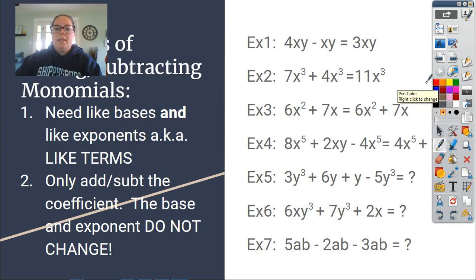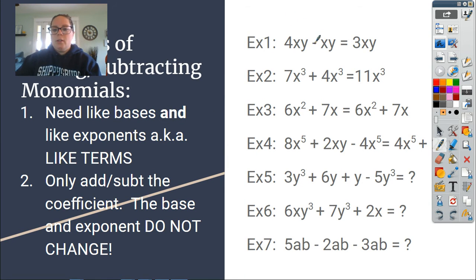So in my rules, in order for me to be able to subtract these, which is the operation of the problem, I need to have like bases. My bases are all the variables and exponents. So this monomial has a base of xy, and this monomial also has a base of xy. Their exponents are all 1s, so I know that these are called like terms. Next, to subtract them, I am actually going to just combine the coefficients.